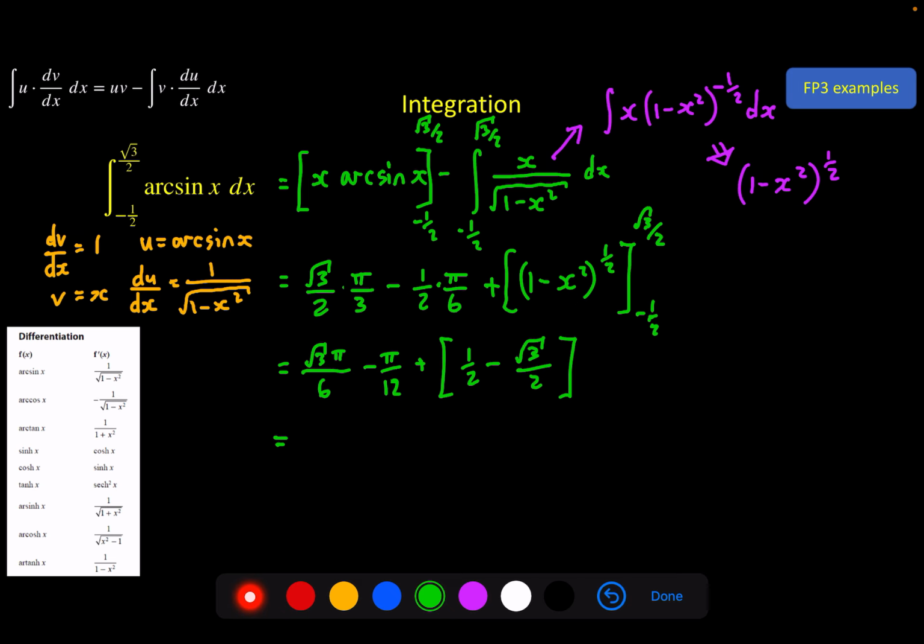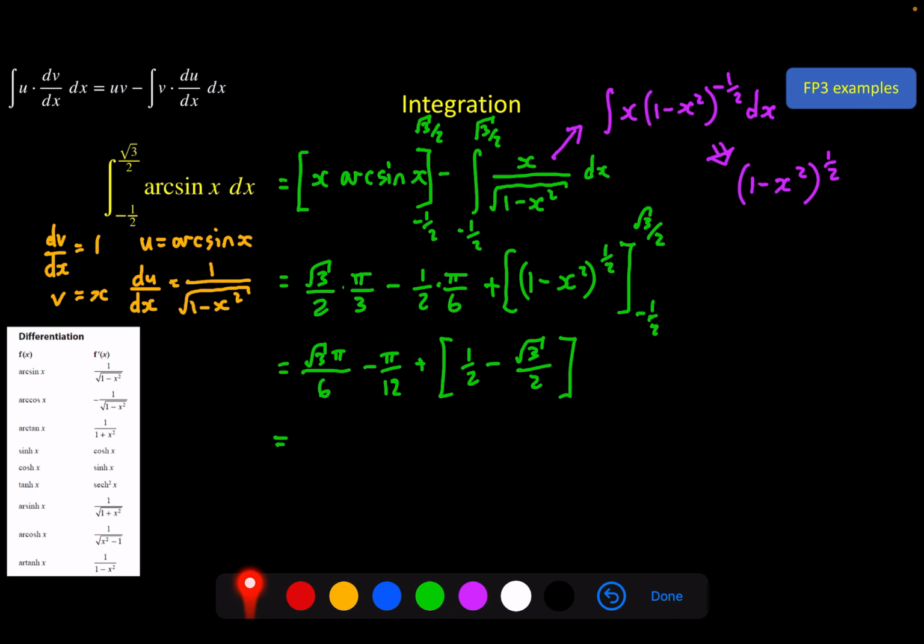I could maybe tidy that up a little bit, but actually what I'm going to do is, if it needed to be exact, I would probably combine these two into one fraction, which is very easy, 1 minus root 3 over 2, and then I would probably leave it, possibly combine these two into one fraction because they both have pi's. You could probably combine all of them into one fraction if you were so inclined, but none of that is really simplifying it as such.